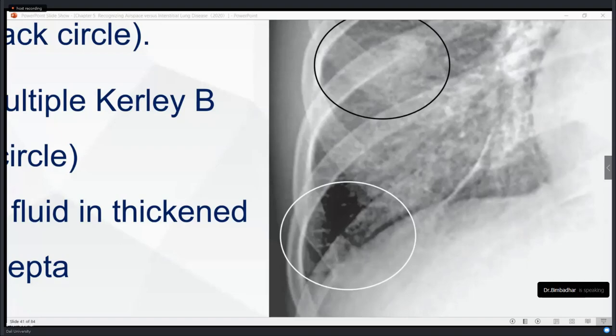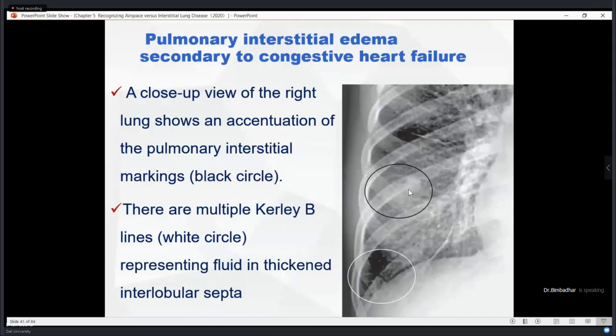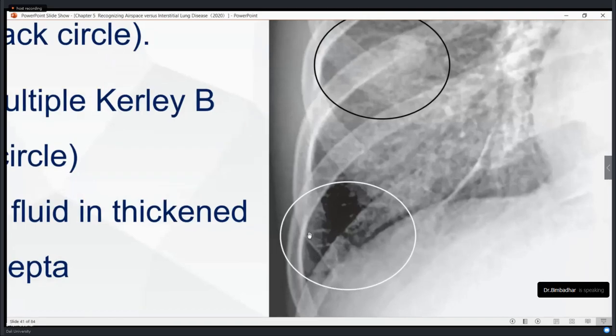Right. Okay. Now you see here, it's the same thing. If you look closely, there are attenuated white opacities, which obviously shows it is coming from the interstitium. And along the base, there are horizontal lines projecting towards the center along the periphery, present on the base.